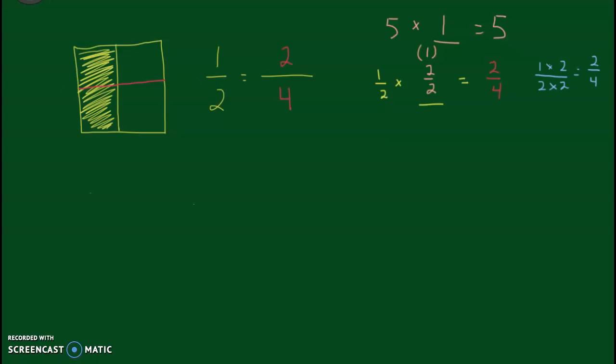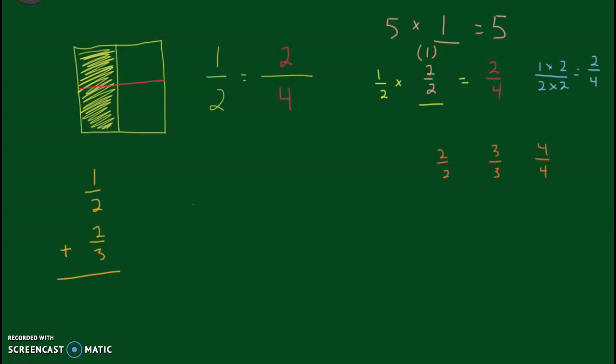Now, let's put this into practice by adding 1/2 plus 2/3. And I'm going to come over here, and I'm going to start with the fraction 2/2, 3/3, and 4/4.